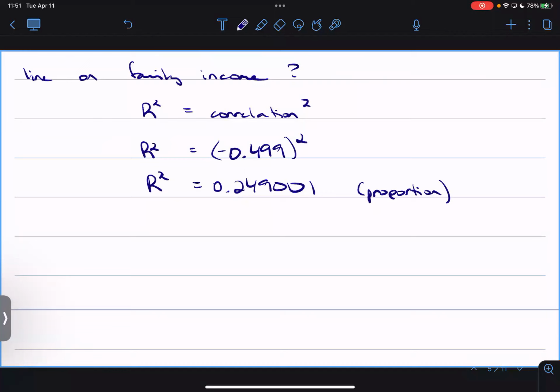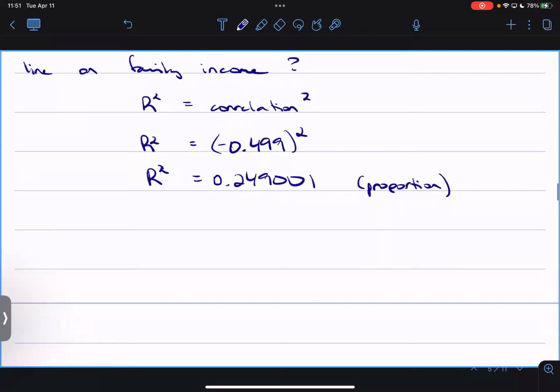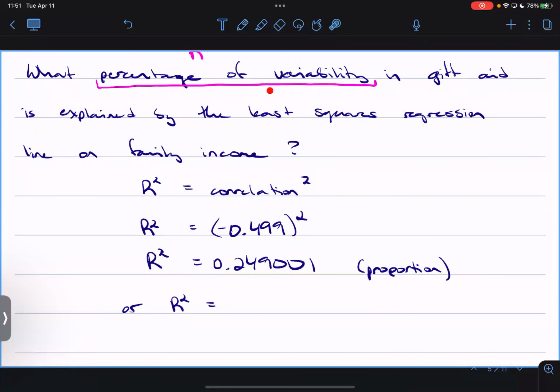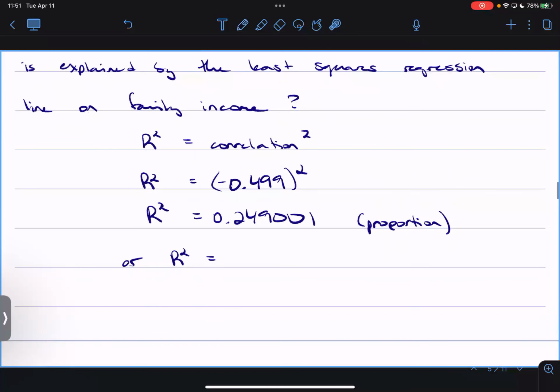Now at this point on the final exam, if you left it as a proportion, it doesn't matter, right? But it's asking for the percentage of variability. So we convert it to a percentage: 24.9001%, right? This is a percentage.